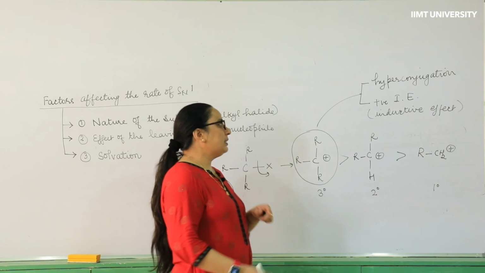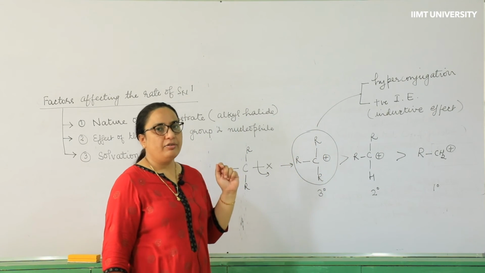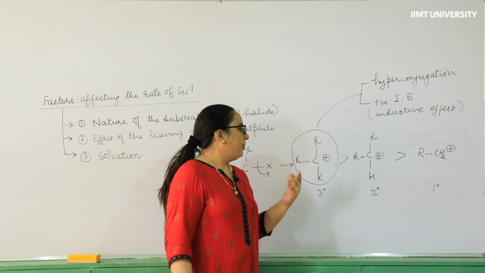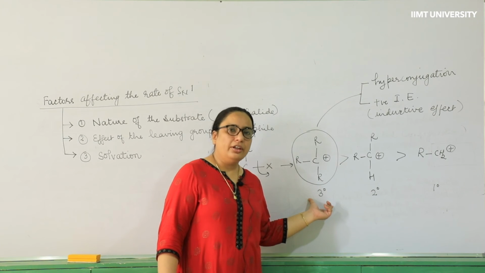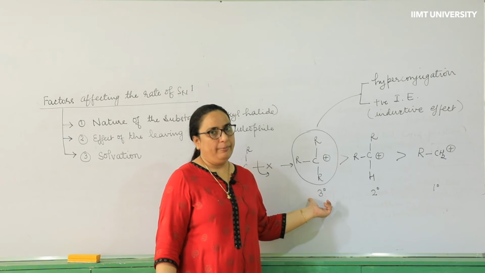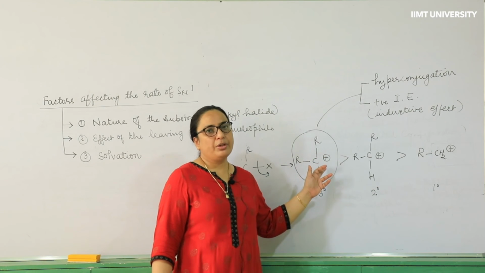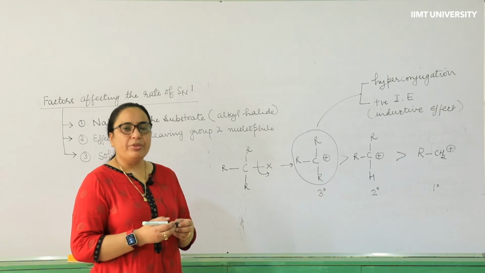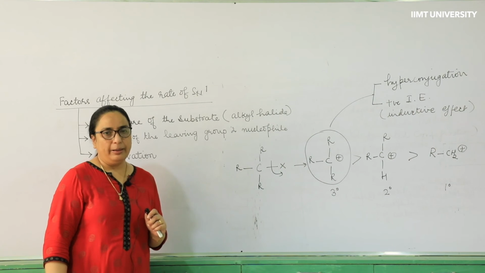So following this, we can say that hyperconjugation and the positive inductive effect are the two reasons behind the stability of the tertiary carbonium ion, or the 3 degree carbonium ion. That is, by these two phenomena, the positive charge which is present on the carbon gets equally dispersed over the other carbon atoms.